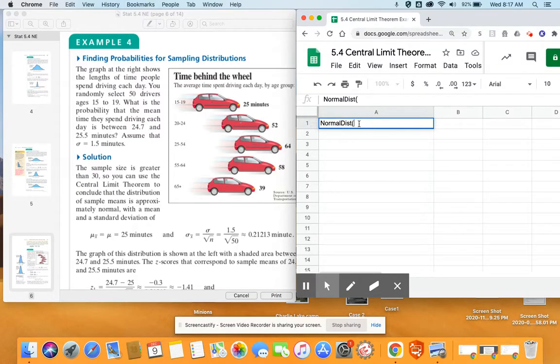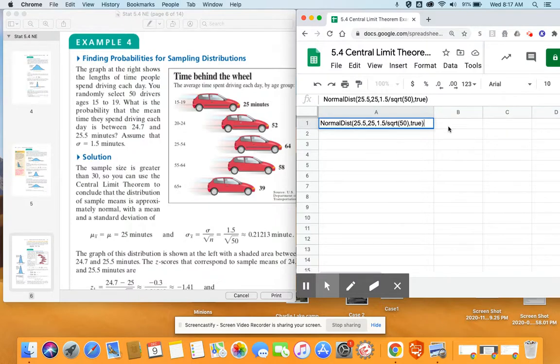We're going to do norm distribution, 25.5 as our x value, a mean of 25, which was given to us in the diagram, a standard deviation of 1.5 divided by SQRT, parenthesis, 50 is our sample size. Okay? And then the word true because we wanted to do a cumulative distribution. Now, I didn't put an equal sign in front of it because I want to leave this in here.